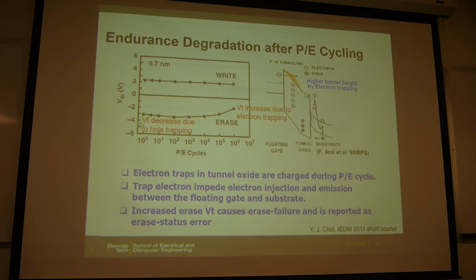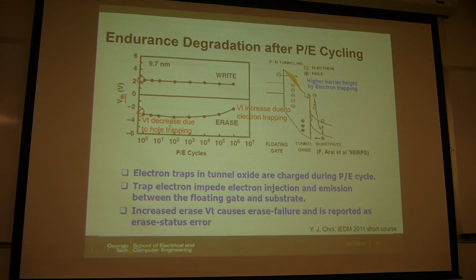So here is the VTH. This is the program state, this is the erased state. Initially you have this 4 volts, let's say more than 4 volts window between the program state and erase state. And then you keep doing these program and erase cycles. Typically you do it in this log scale.